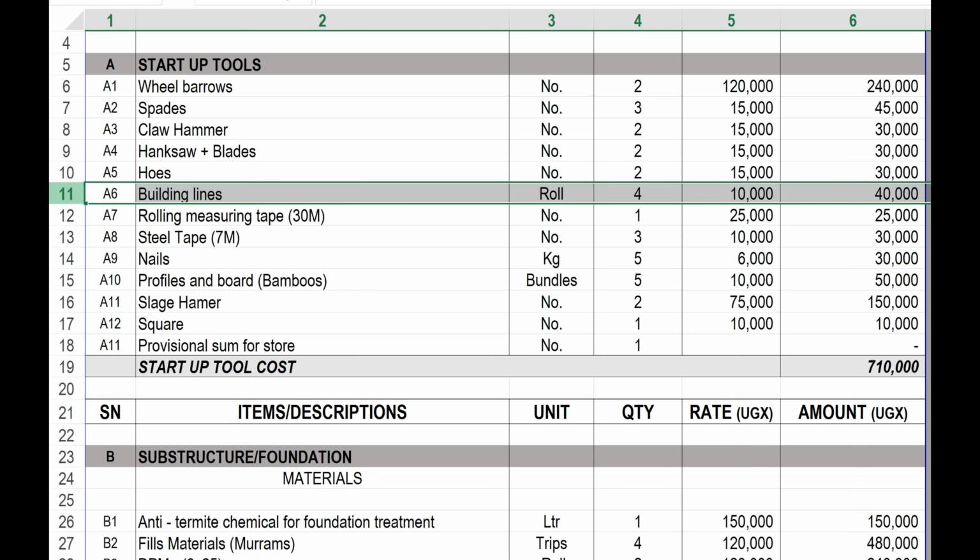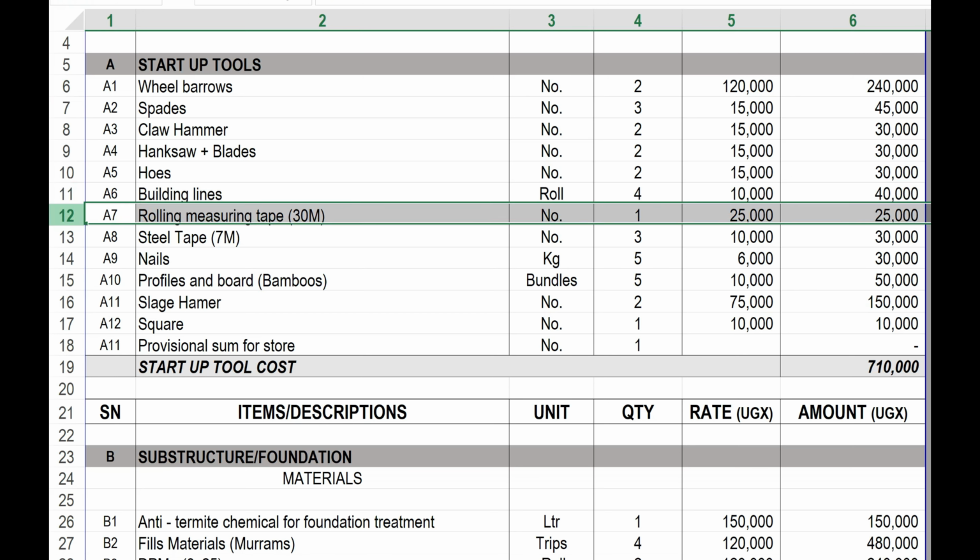For this one, they help in setting out the site, and I think 4 rolls are enough, and you can get each roll at 10,000, summing up to 40,000. Then you might also need the rolling measuring tape of about 30 meters, and I think 1 is enough, whereby you can get 1 at 25,000.